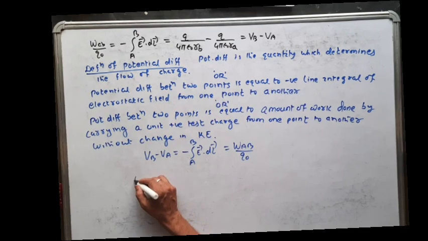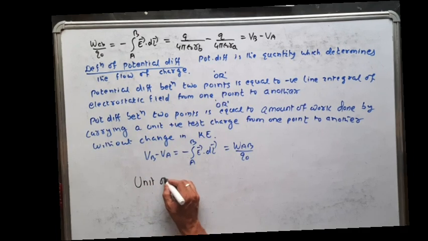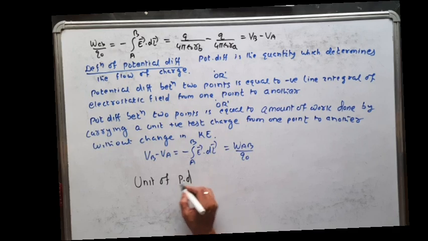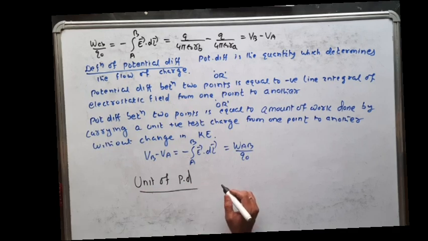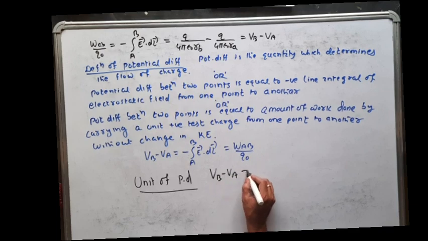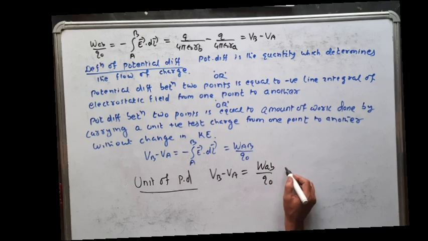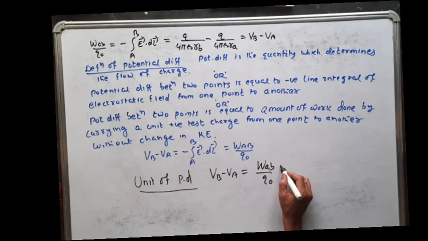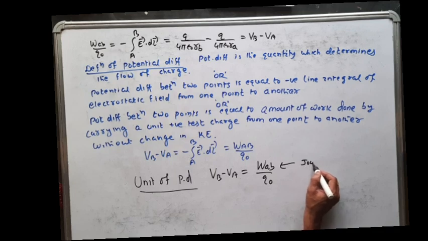Now we will find the unit of potential difference. What is VB minus VA? VB minus VA is nothing but WAB by Q naught. What is the unit of work done? Work done unit is joule in SI system. What is the unit of charge? Coulomb.